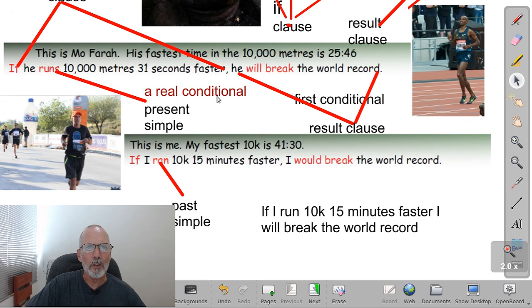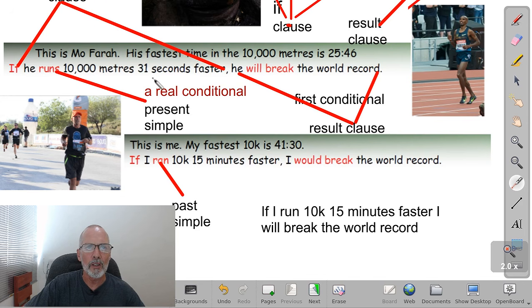Mo Farah already ran the 10,000 meters in 25 minutes 46. So there is a real possibility that he could run it 31 seconds faster, in which case he will break the world record.